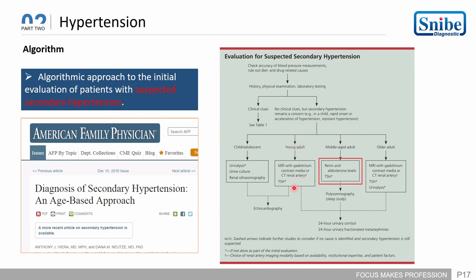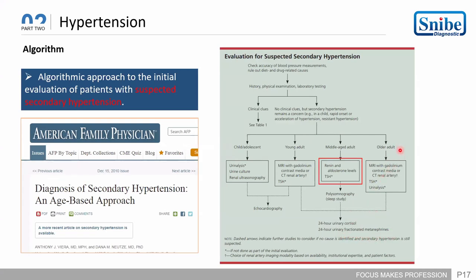They have MRI with gadolinium contrast media and CT renal artery, and the TSH value helps them to support the echocardiography. So in the middle-aged or older adult, the renin and aldosterone levels along with the TSH levels help to diagnose, and then go for 24-hour urinary cortisol and 24-hour urinary fractionated metanephrine.